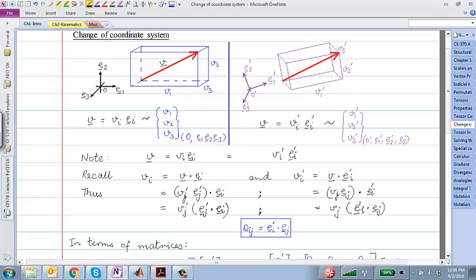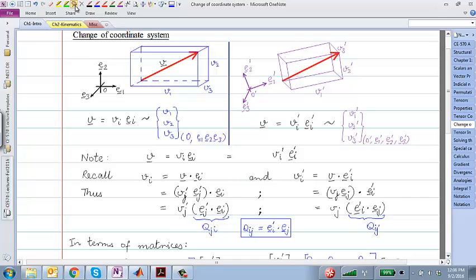So it looks like we are just rearranging terms, and already we have an expression to convert between vi to vj prime or vi prime to vj. And if you look at this quantity in the brackets, this is what we are going to call qji, or on the right hand side it's qij.